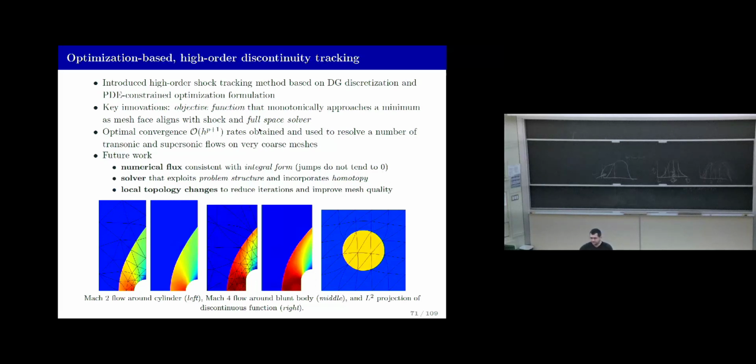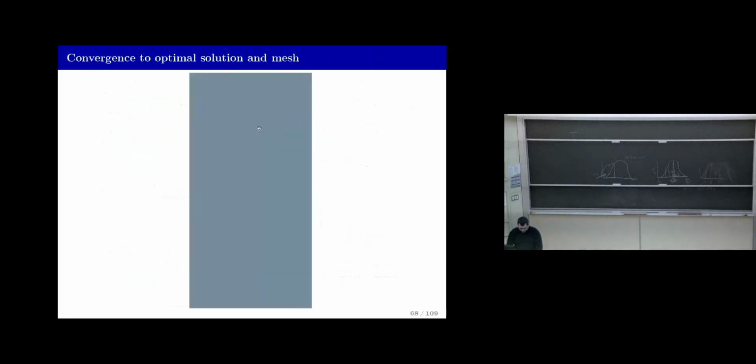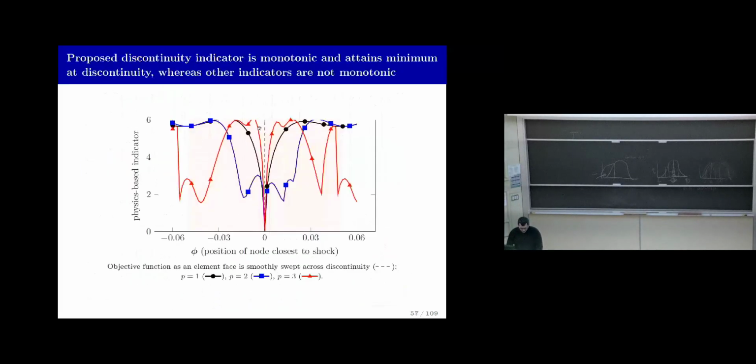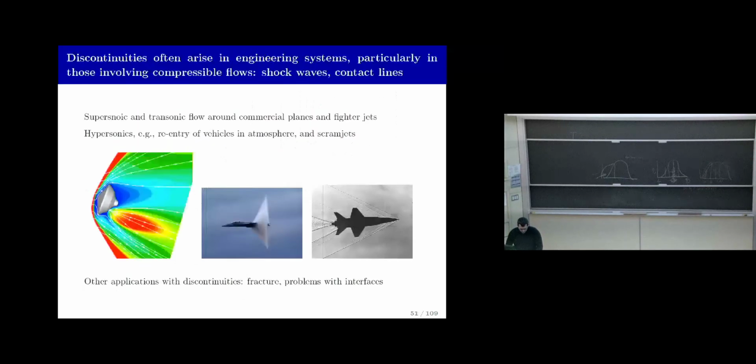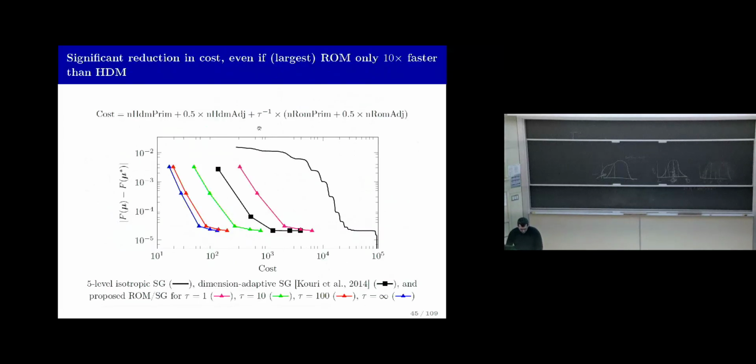Where the error is largest, we solve the high-dimensional model there again and update our model, and we continue in this way until we drop below some error threshold. So when I showed the performance plots with the reduced order model approach, this includes all that training cost.